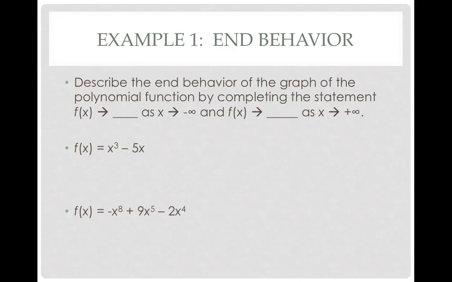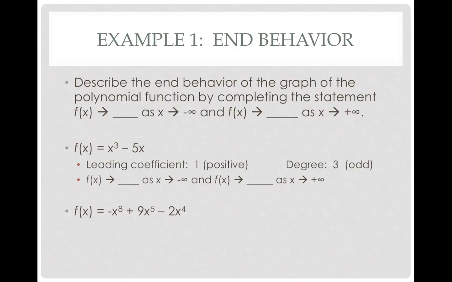So in my first function, I need to identify my leading coefficient and my degree in order to decide what the end behavior is going to look like. So my leading coefficient is 1, and that's positive. My degree is 3, which is odd. And so for my end behavior, I would expect my left side to be going down to negative infinity, and my right side to be going up to positive infinity.